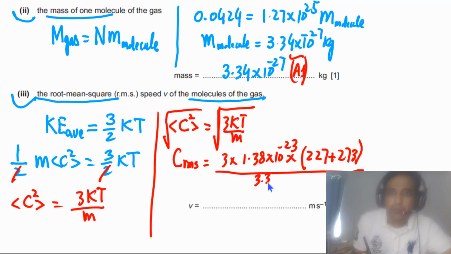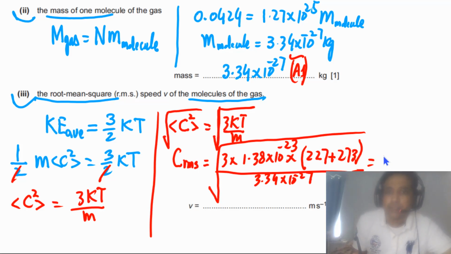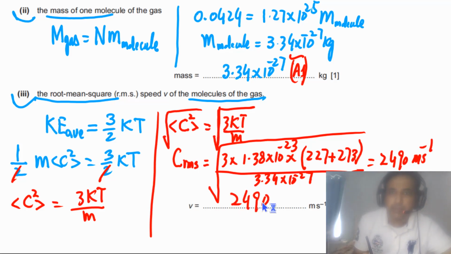So this is 3.34 times 10 to minus 27. Now if we take the square root of this, our final answer will be equal to 2490 meters per second up to 3 SF. So this is our final answer.